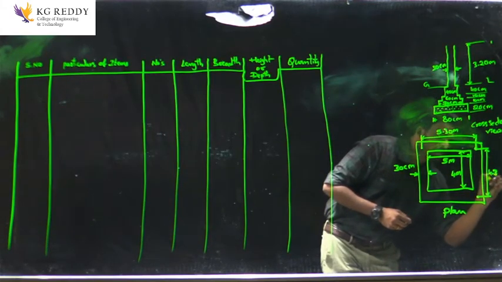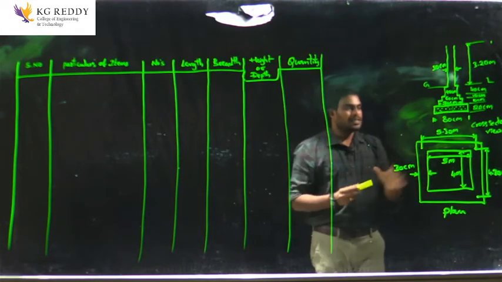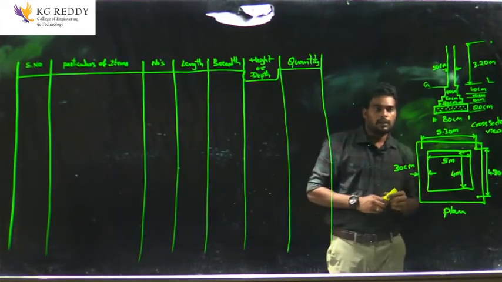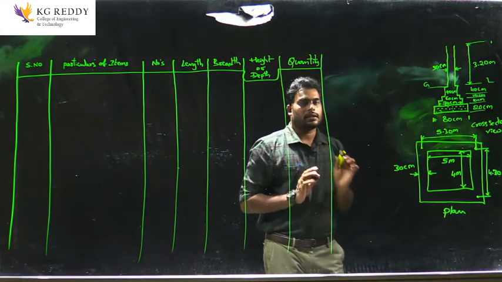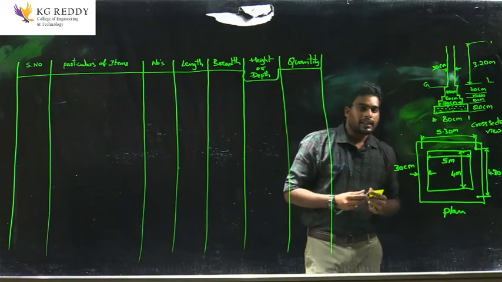So this is the first step when we start the problem. We need to find out the center to center length of the long wall and the center to center length of the short wall. After finding this, we will start the problem.